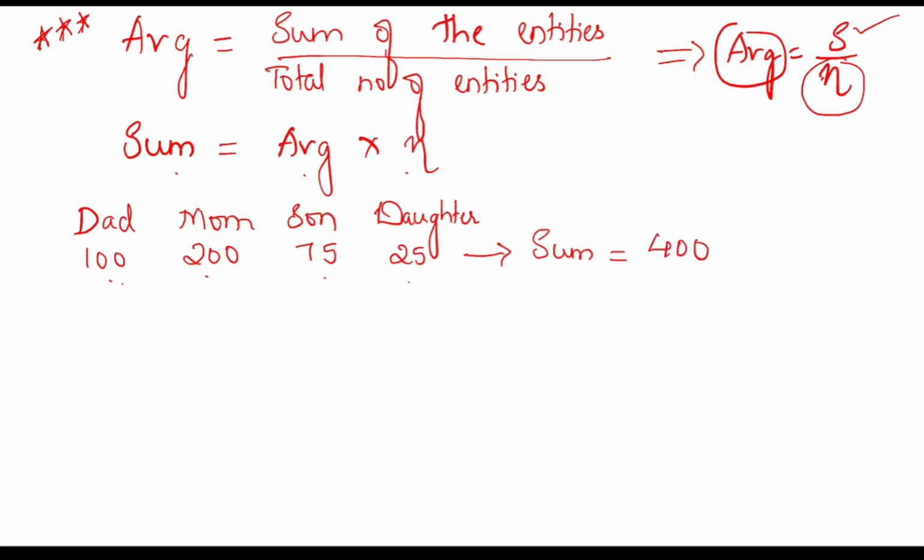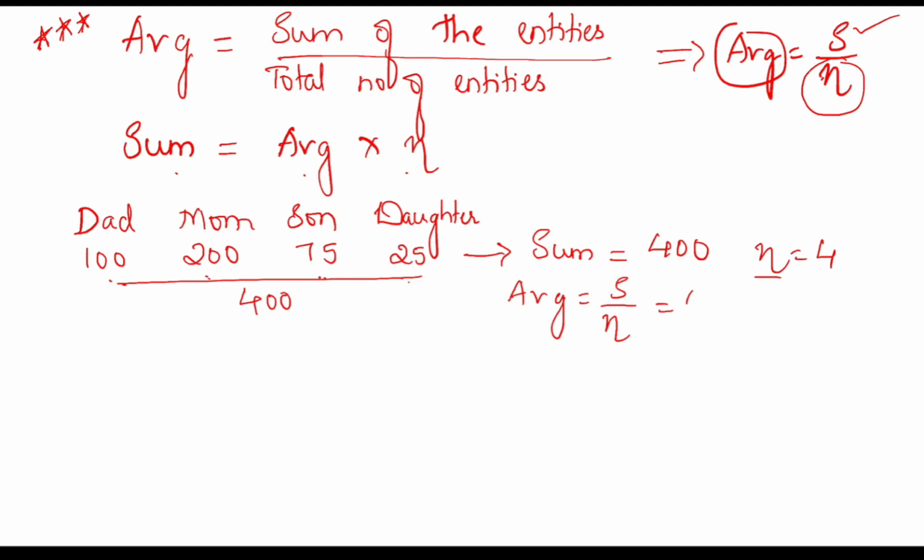And how many members are there in the family? 1, 2, 3 and 4. 4 members are there in the family. Then what will be the average? Average is sum by number of entities, and the sum of the entities is 400. The number of members is the total number of entities.